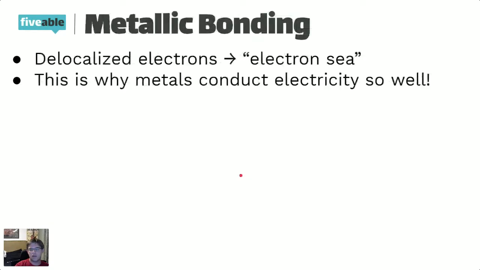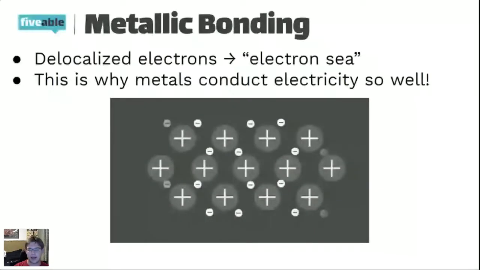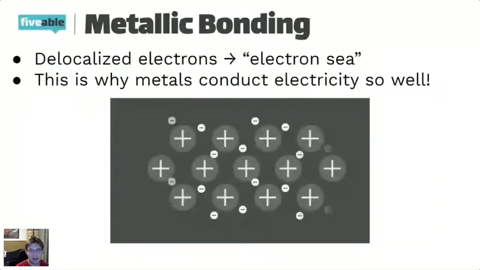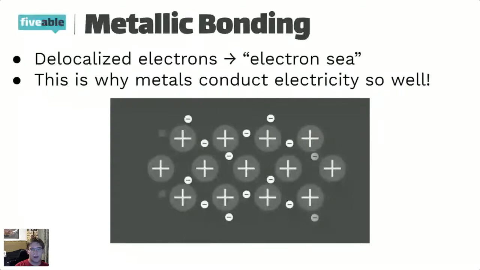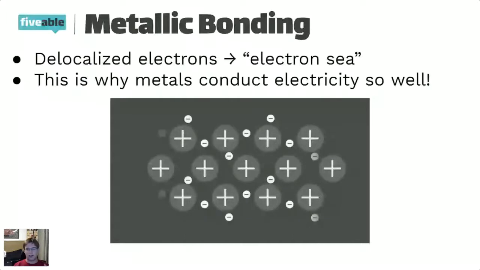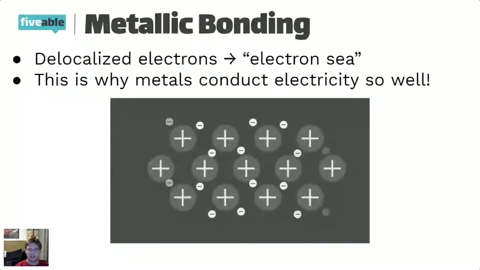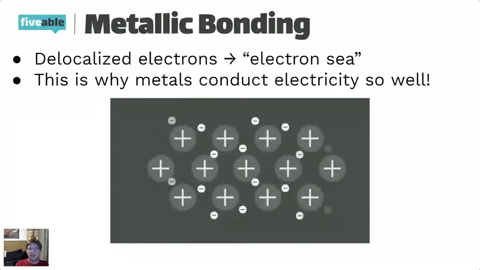All right, the final form of chemical bonds that we're going to be talking about tonight is metallic bonding. Metallic bonding isn't really that covered on the AP exam, but you do need to understand it. Basically, in a metal, the electrons in the orbitals are delocalized. They can move around across the atoms as much as they please. This explains a lot of the features of metals. They conduct electricity in the solid phase.